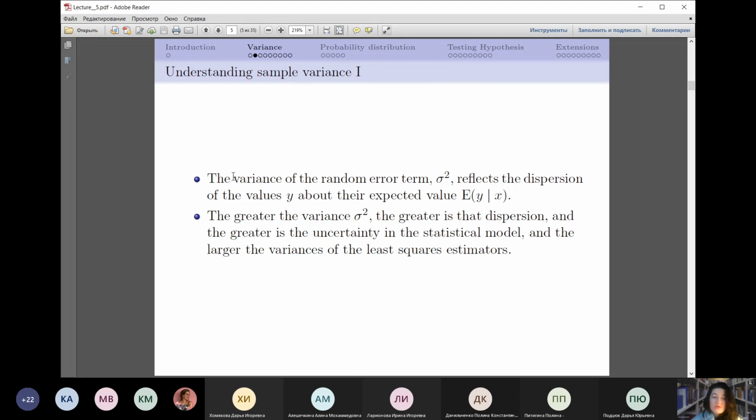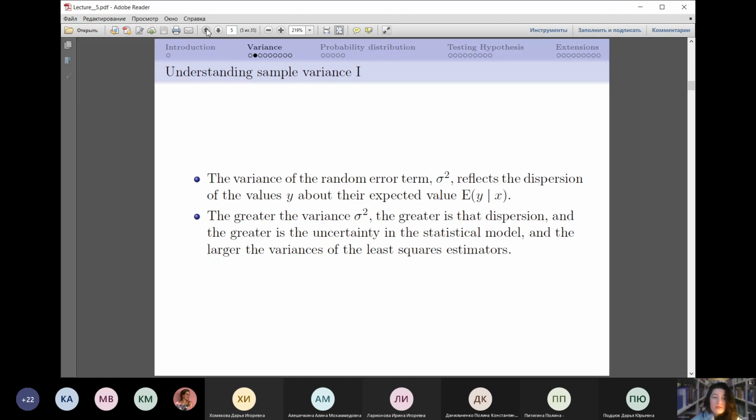The variance of the random error reflects the dispersion of the values y about the expected value. This is obvious. If we obtain a high value of this variance, it means that our dispersion becomes greater, and the greater it is, the larger the uncertainty in the statistical model and the larger the variances of the least squares estimators.